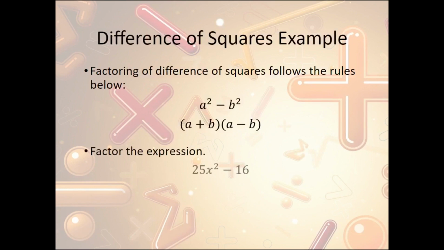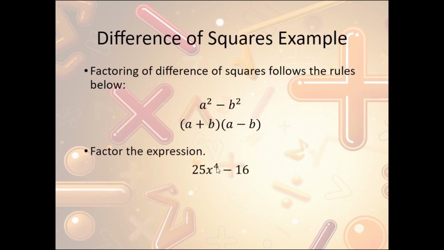Let's look at another example. We have 25x squared minus 16. Well, 25x squared is really 5x squared, and 16 is really 4 squared. So we can rewrite this as 5x plus 4 times 5x minus 4, and that's our factored version. So again, another example, 25x to the 4th minus 16.